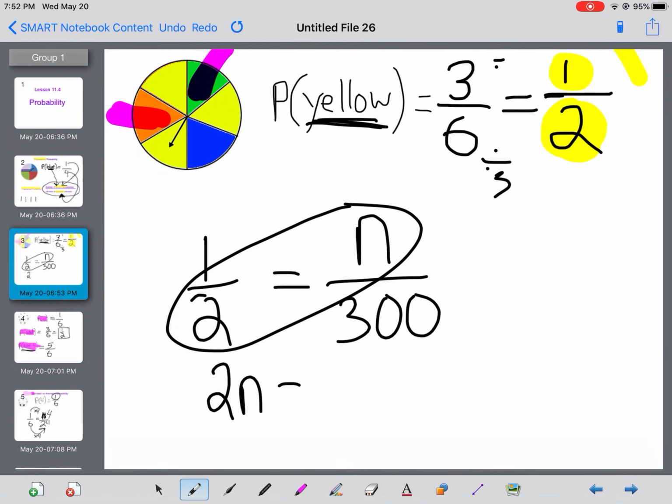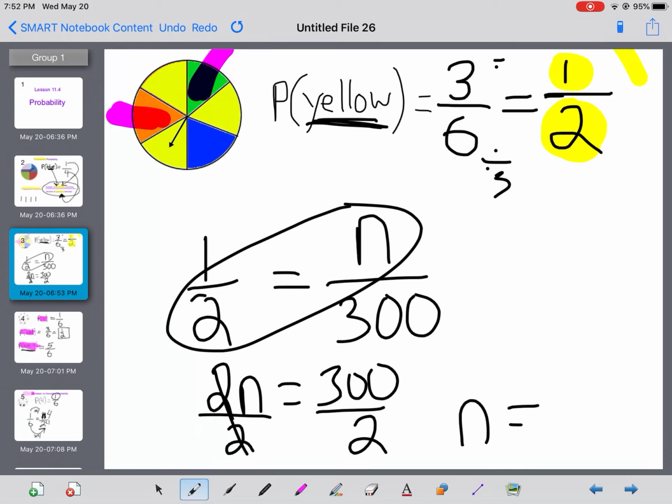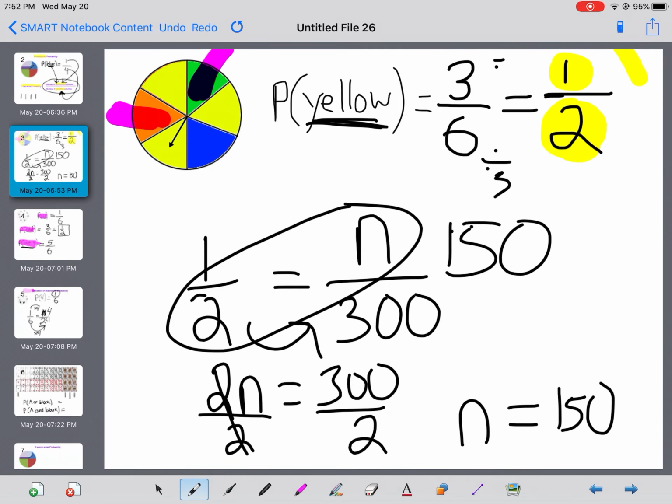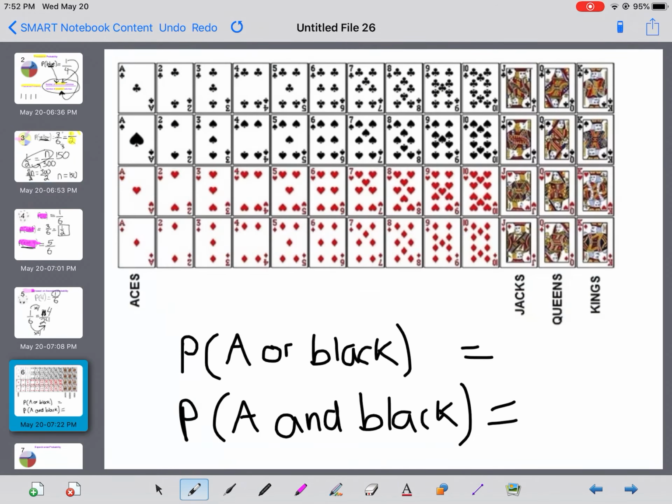Well, I can do cross products. So I can do 2n equals 300. I'm going to divide by 2 on both sides, and I get n equals 150. Which again, you might have just done in your head. That's okay. So if I spin the spinner 300 times, most likely I would land on yellow 150 times, according to the theory.